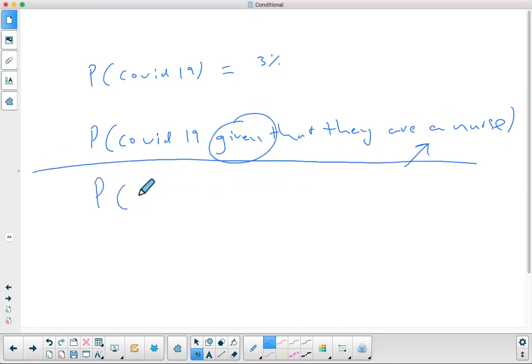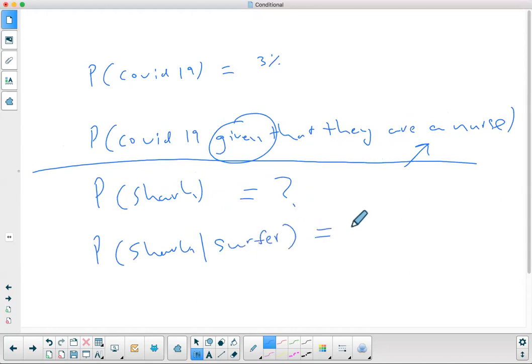Think about the probability of getting bitten by a shark. That's going to equal something. But what about the probability of getting bitten by a shark if you're a surfer? This is probably going to be a larger probability than this up here. That's the general idea.